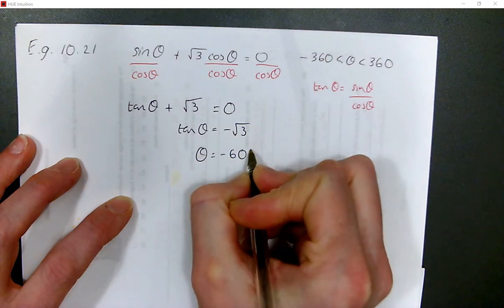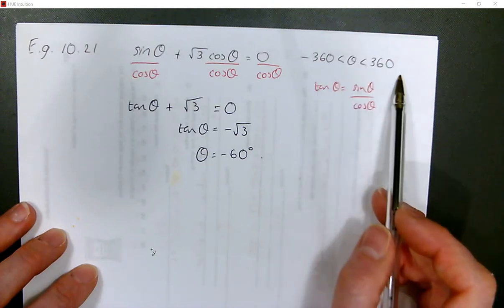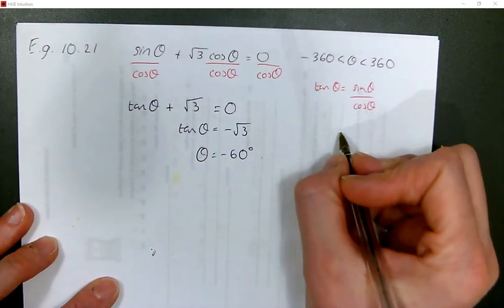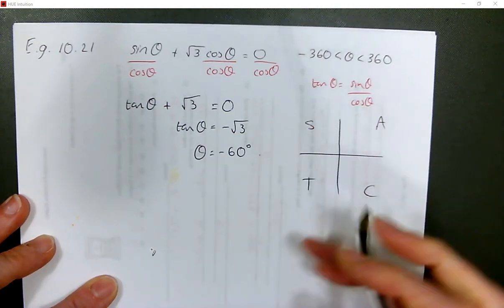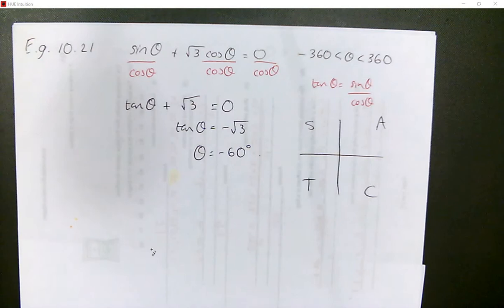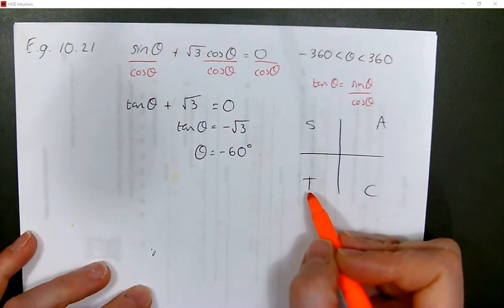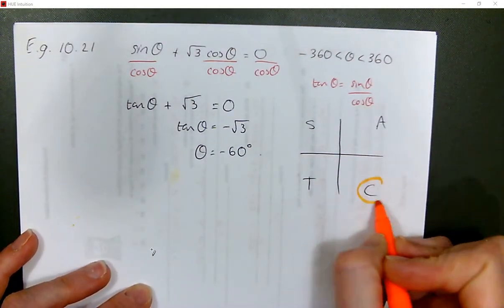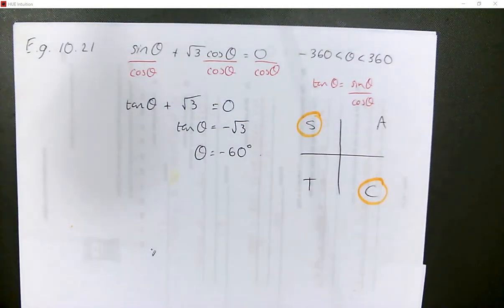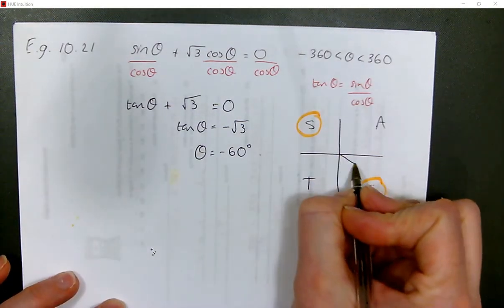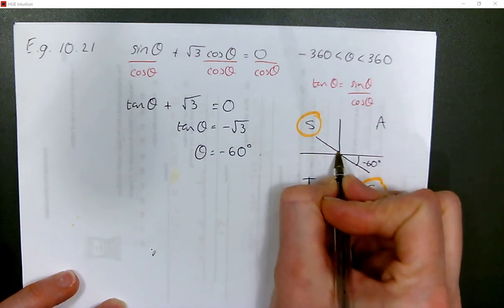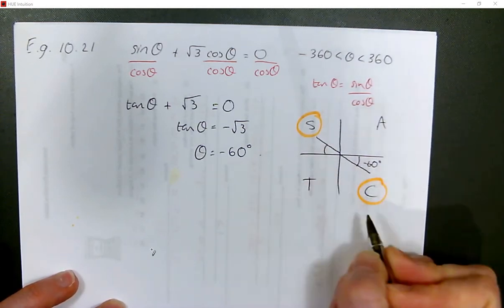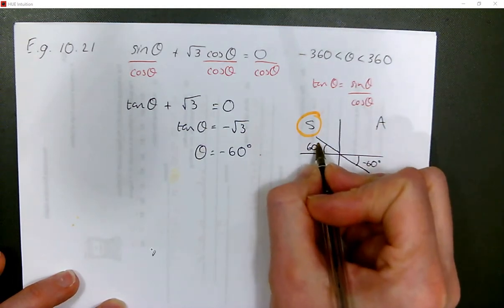Okay, now this time our inequality is between minus 360 and 360. So let's draw our cast diagram. We've got a negative value for tan, so we're not looking at where t and all are, we're looking in the other quadrants. Okay, and for this stick, we know that's minus 60 degrees. So our other stick goes here, and our angle made with the x-axis is also 60 degrees.